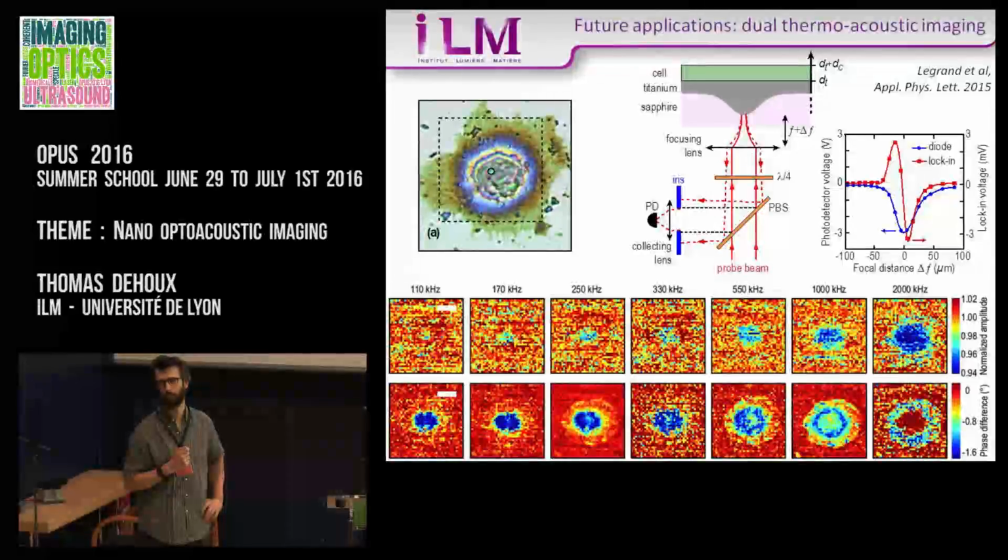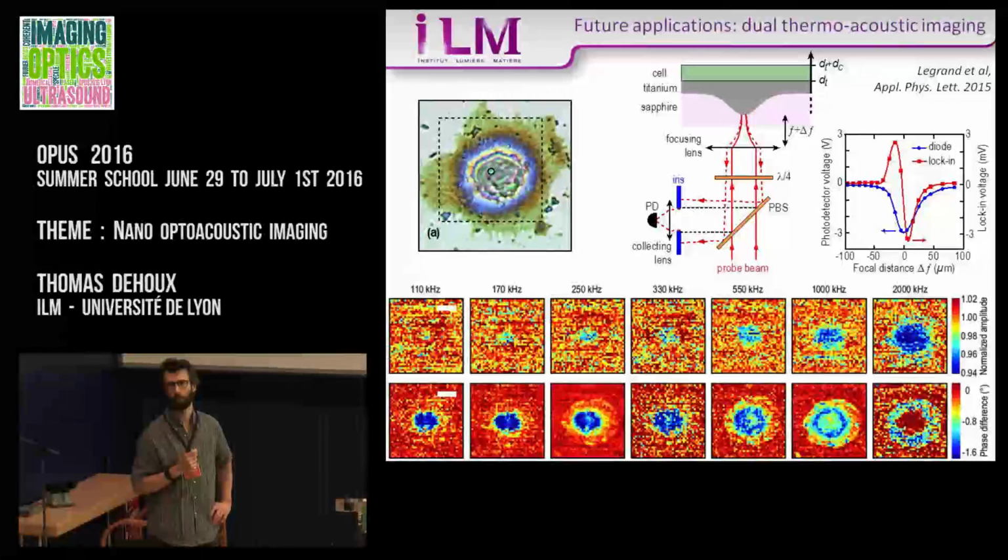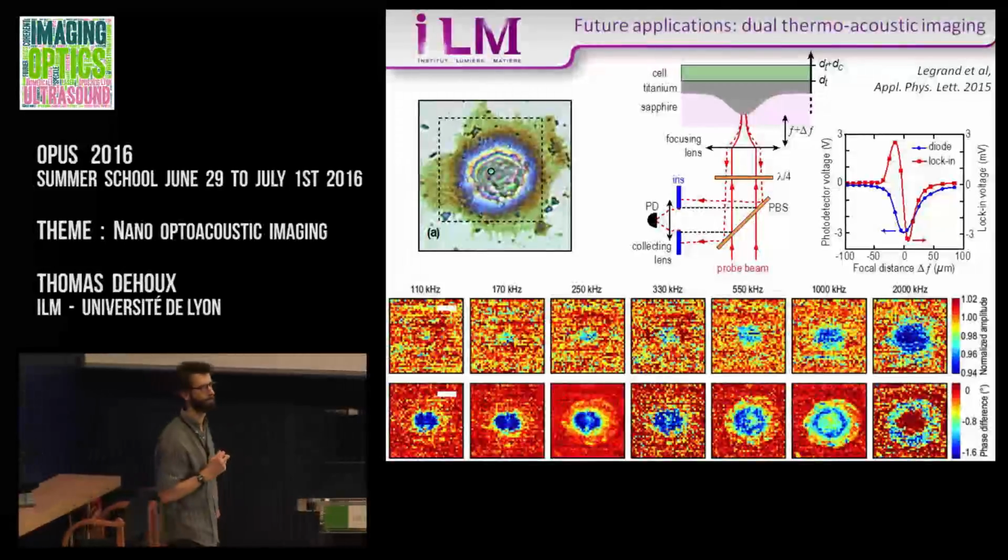My question is, I can see complementarities between those methods, but in your opinion, if you compare what you do to optical trapping and manipulation, what is the complementarity that you obtain by this method?